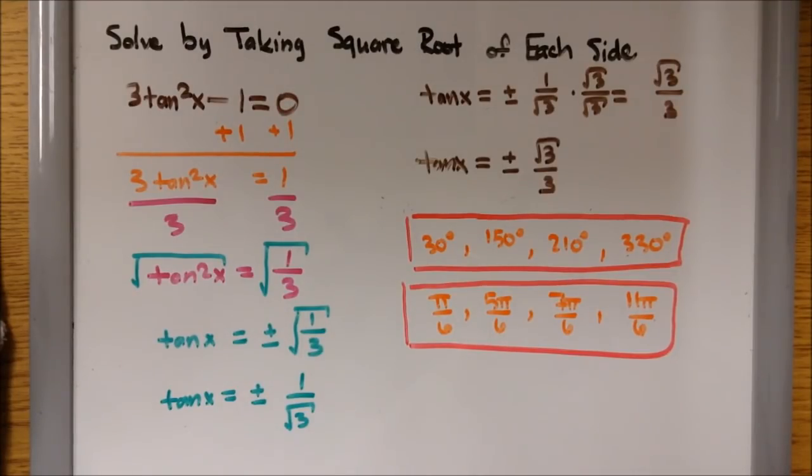Now what's different about this example is that we did it with tangent, so you had to do a little work recalling the identities for tangent, because the unit circle only gives you the exact values for sine and cosine.